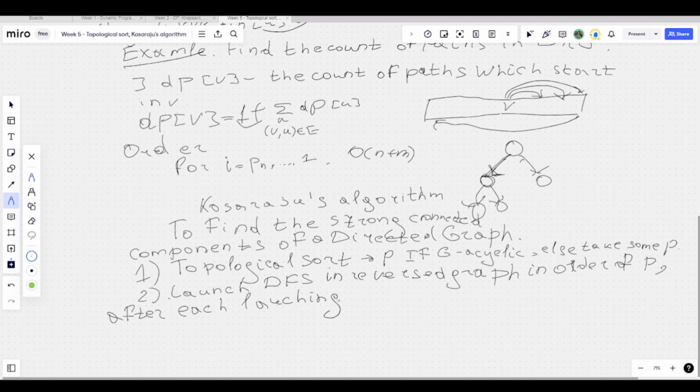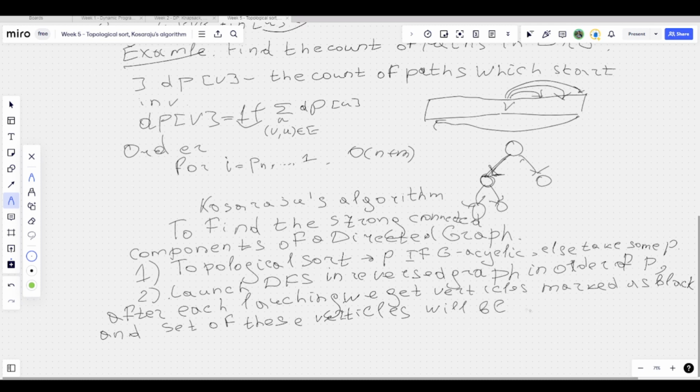So after each launching we get vertices marked as black, and the set of these vertices will be a component.